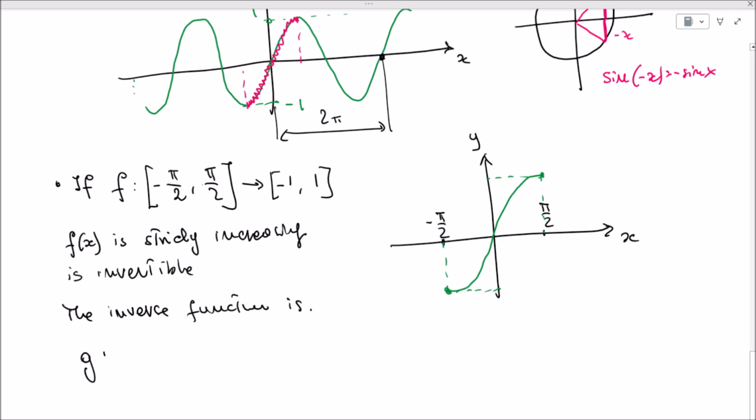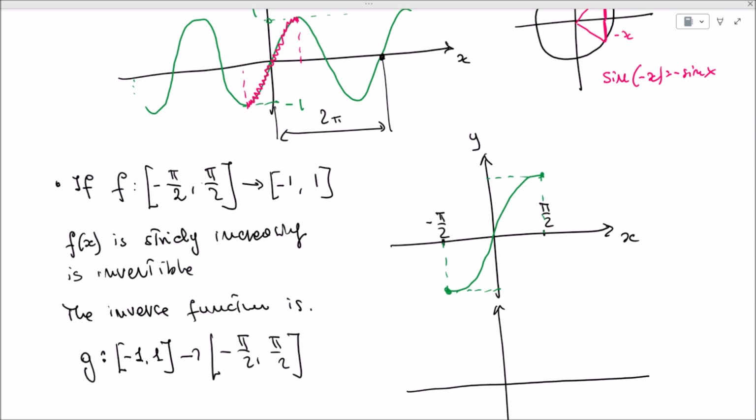Let me call this g, that goes from minus 1 to 1, to minus pi over 2 to plus pi over 2. So this will be the inverse function.